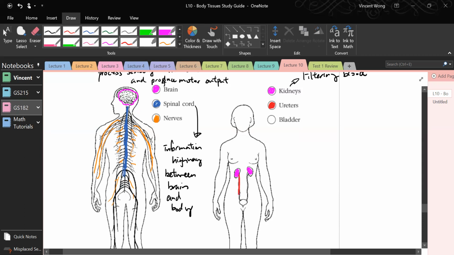The ureters carry the urine from the kidneys to the urinary bladder.